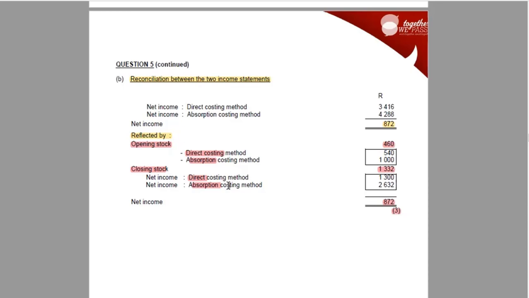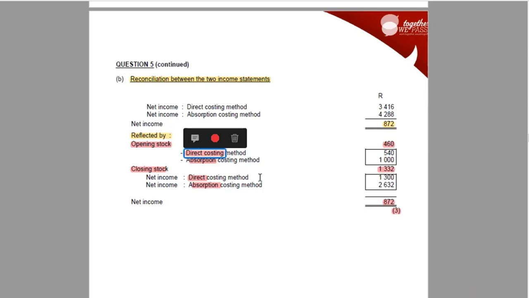Because under absorption costing, there's fixed and variable cost. So that means that you are taking a bulk of your cost to your balance sheet as opposed to direct costing. We spoke about this. So yes, basically the difference between the net income under these two methods comes from your opening and your closing stock, because under absorption costing, you're taking bulk of your cost to the balance sheet because it will include both variable and fixed. Whereas under direct cost, you're only accounting for the variable portion. Oh, okay. Thank you.